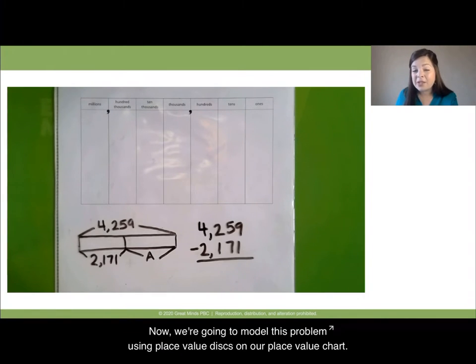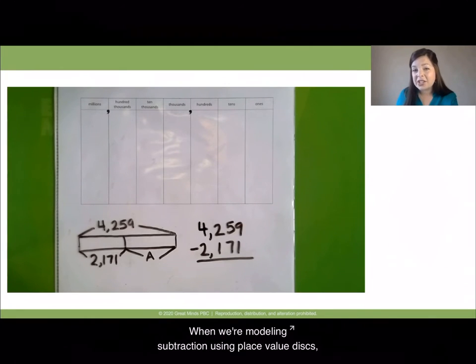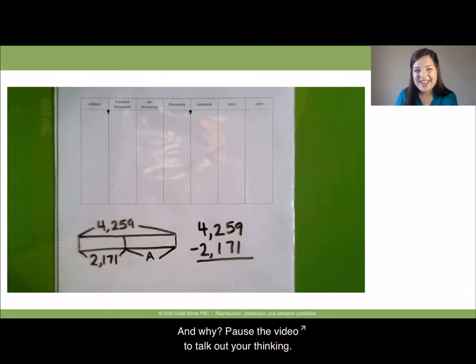Now we're going to model this problem using place value disks on our place value chart. When we're modeling subtraction using place value disks, do we need to draw disks to represent both numbers or just one of them, and why? Pause the video to talk out your thinking.